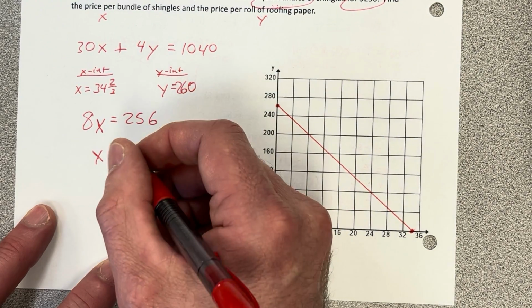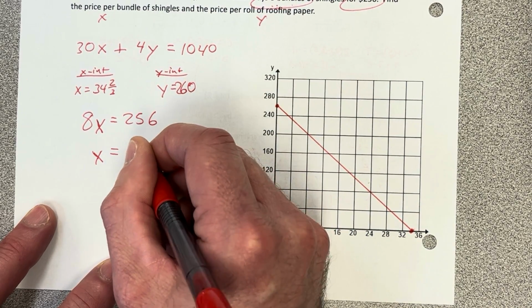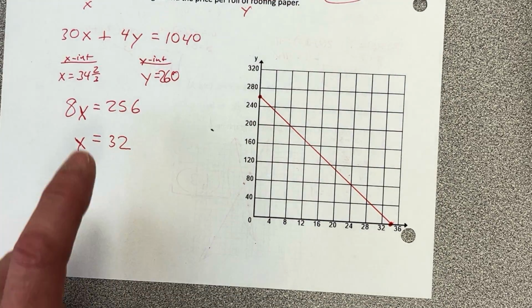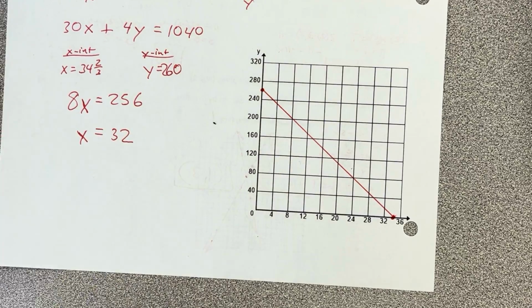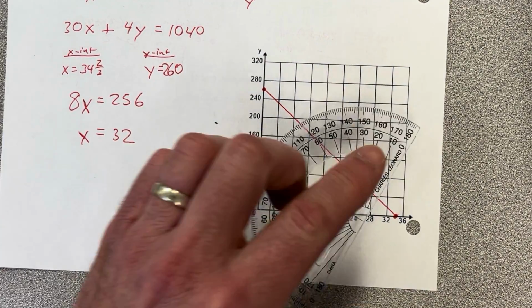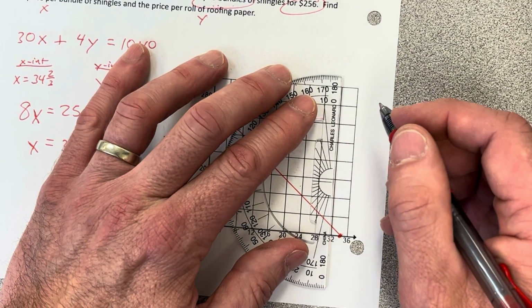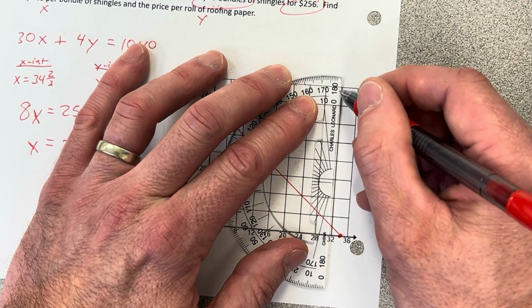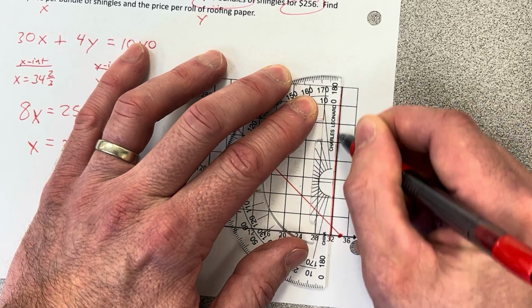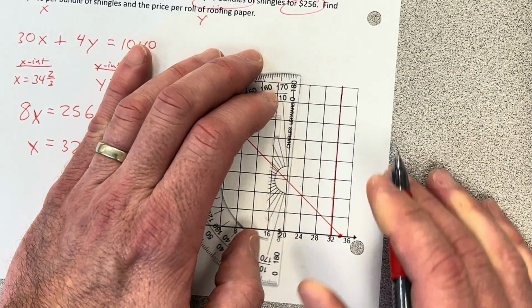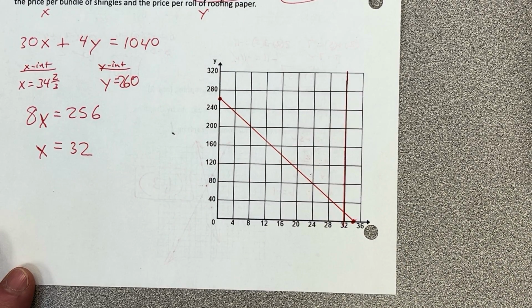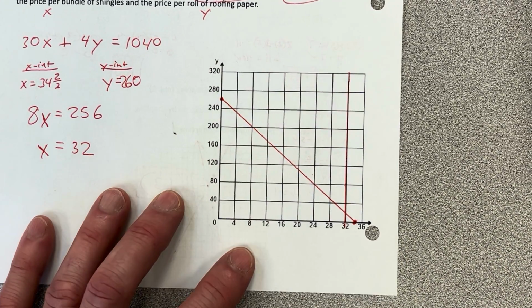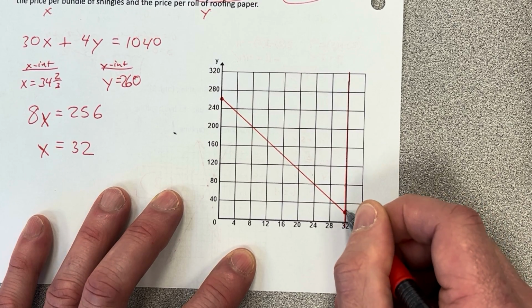Okay, so divide by 8. We're going to get x by itself. The reason I did that is because I know how to graph this. This is going to be a vertical line because it's just x. A vertical line at x equals 32. And our solution is going to be where these graphs intersect, and it's right there.